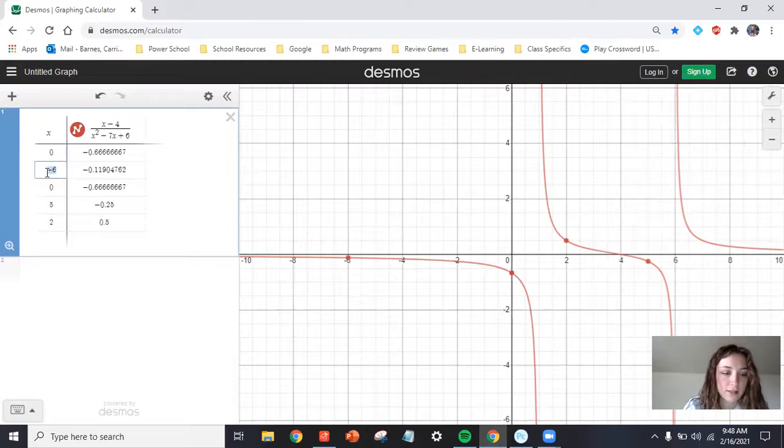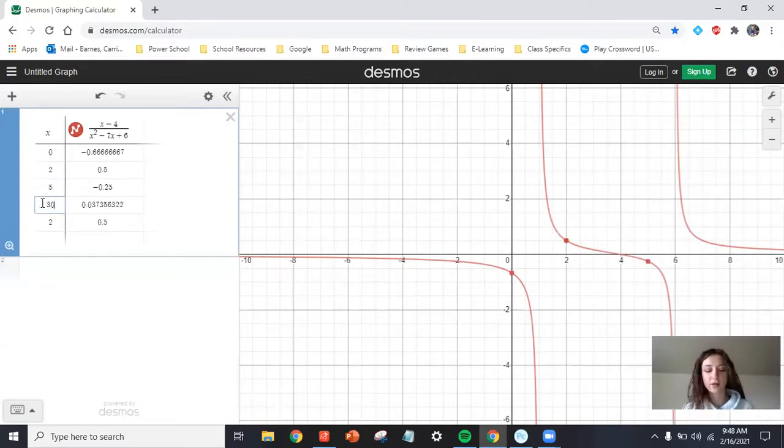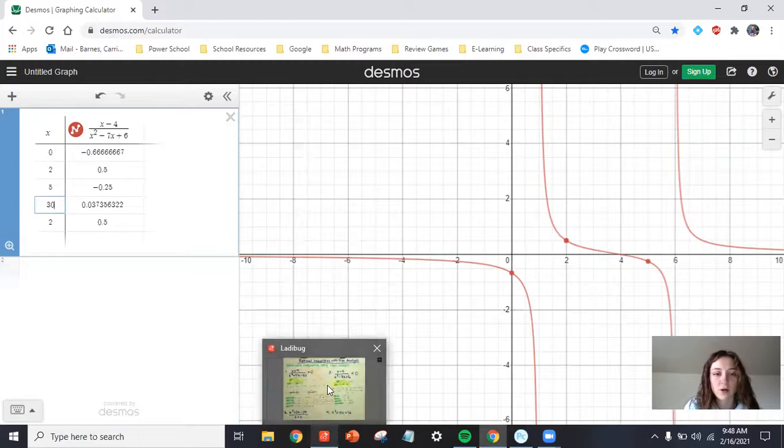Then I was looking at 2, I was looking at 5, and I was looking at 30. Okay, so let's just write out these points. I know they're not the prettiest, but that's okay. The first one is negative 0.6 repeating. Second one is 0.5. Third one is negative 0.25. And the fourth one, 30, is 0.037.